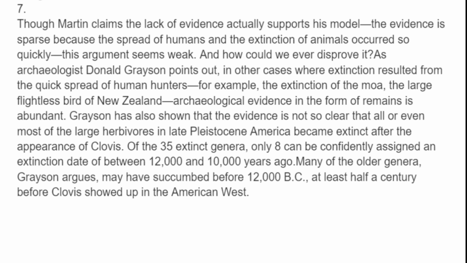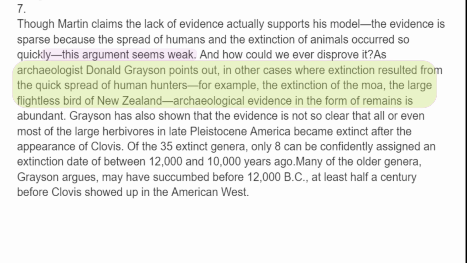Paragraph 7 explains how other scholars respond to Martin's reaction to the lack of evidence. The author's reaction is that it's weak, it's not convincing. Another scholar, Grayson, argues that if humans kill the mammals, there has to be strong evidence.